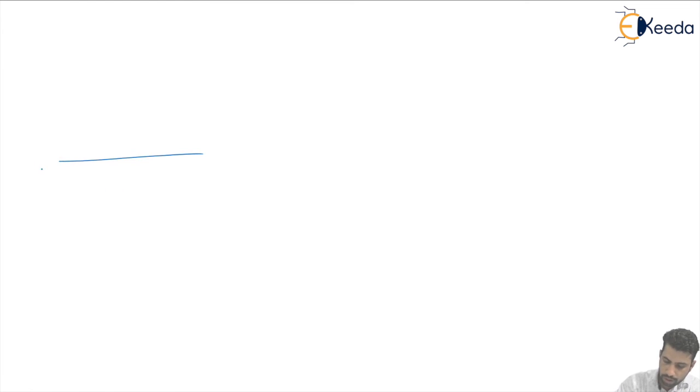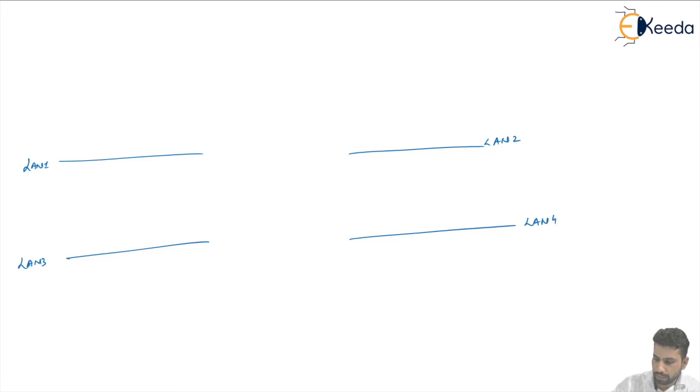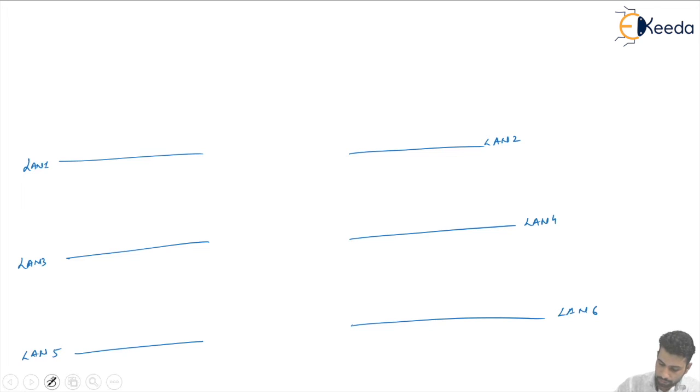I am drawing this one: LAN number 1, LAN number 2, LAN number 3, LAN number 4. I make the same diagram here without the blocking part. Only the forwarding ports we will consider here with our bridges. Here we have bridge number 1, bridge number 5, bridge number 3, bridge number 4 and bridge number 2.